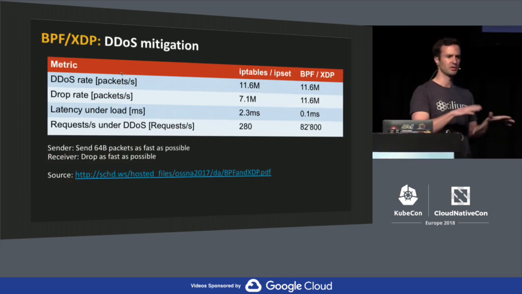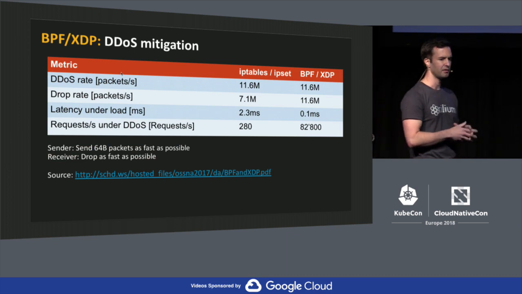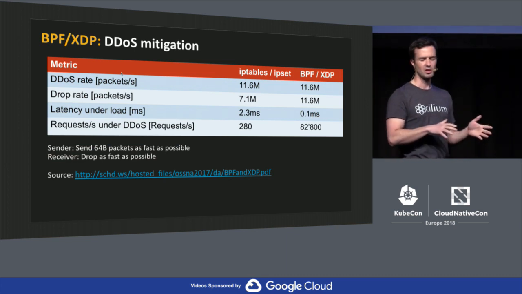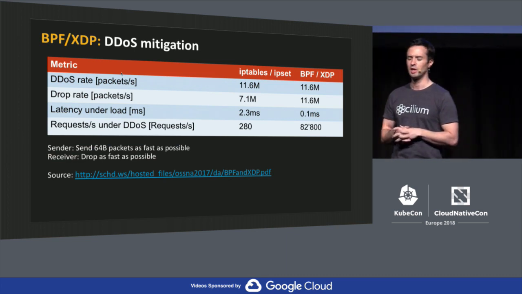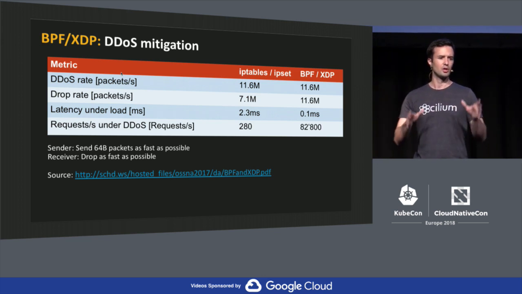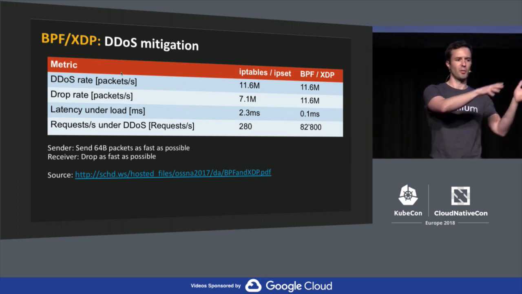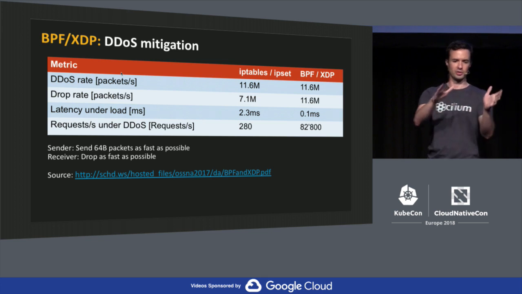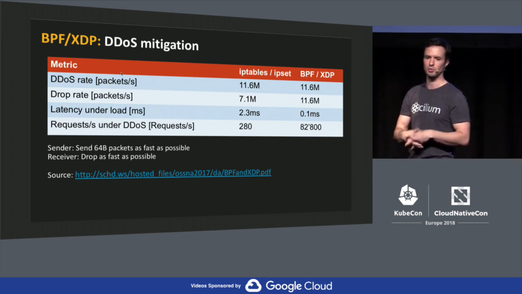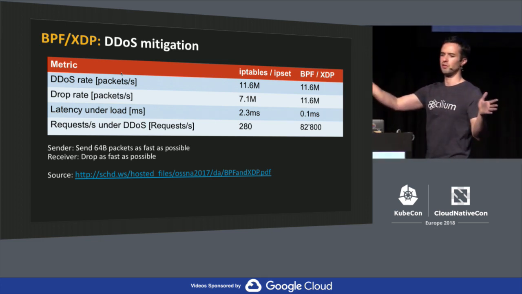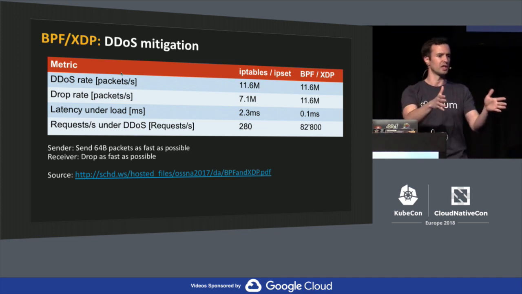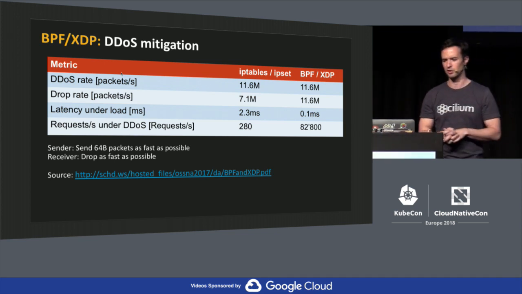We've done something similar in Cilium, where we use BPF and XDP for DDoS mitigation. So this is a very simple example where we use a BPF program to drop connections from IP sources that are hostile to us. So the typical DDoS use case where you have a large pool of IP addresses spamming your servers and you want to drop these packets as quickly as possible.